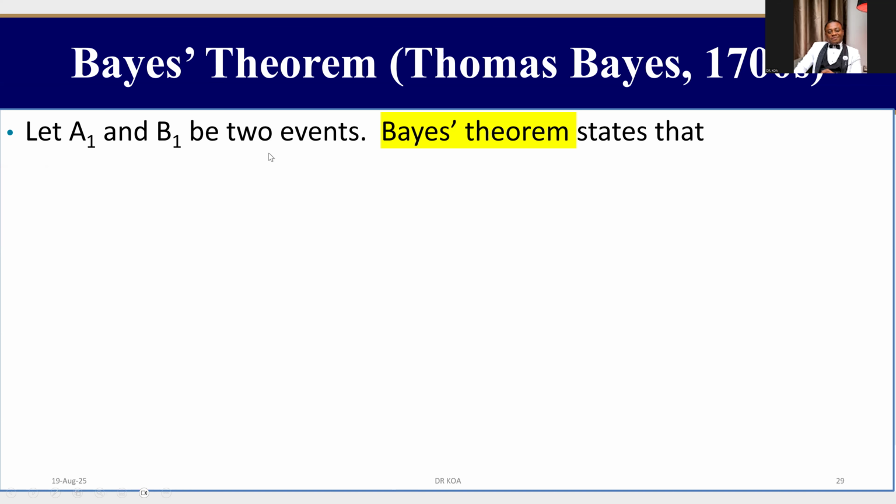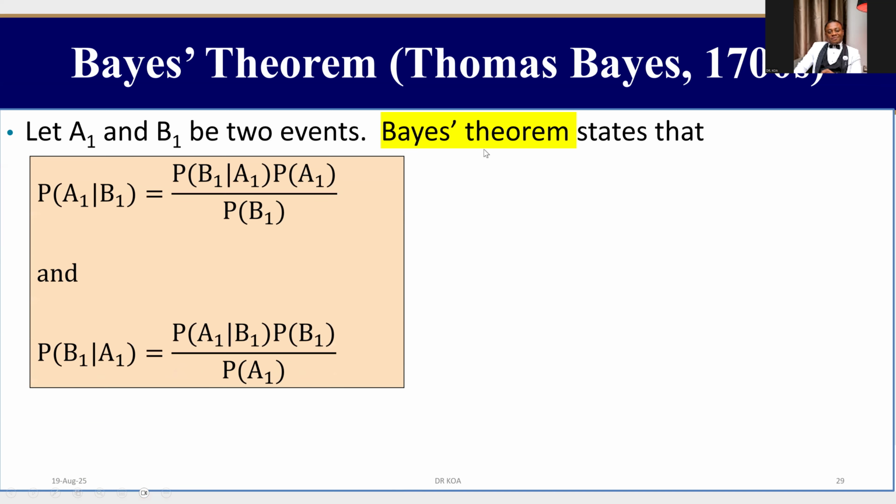What Thomas Bayes said is that if that is the case, then the probability of A given B is equal to the probability of B given A multiplied by the probability of A, all divided by the probability of B.